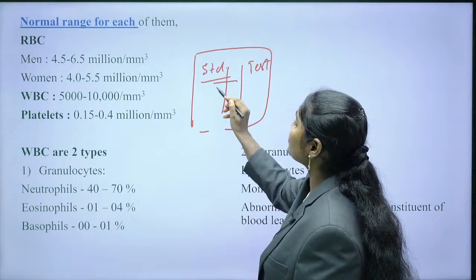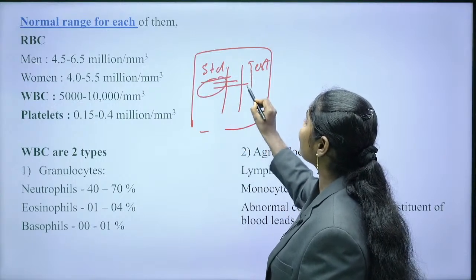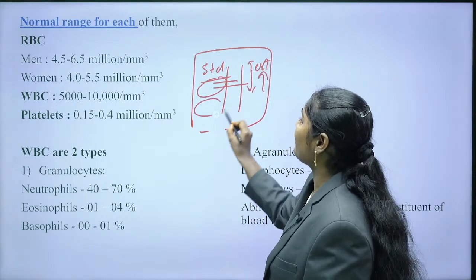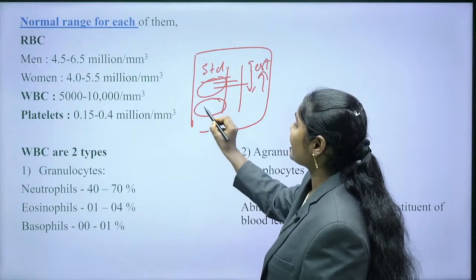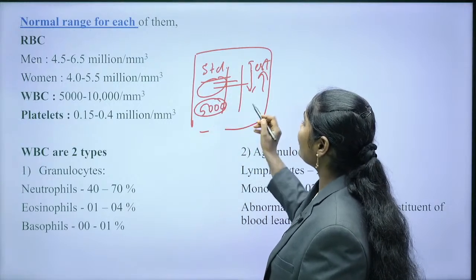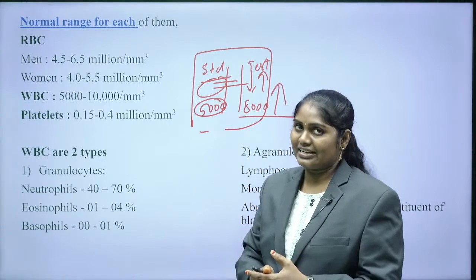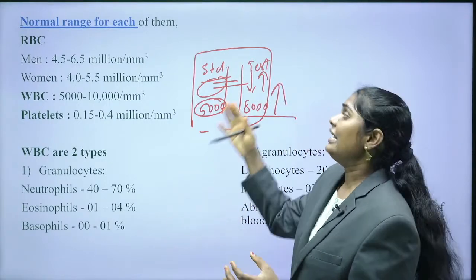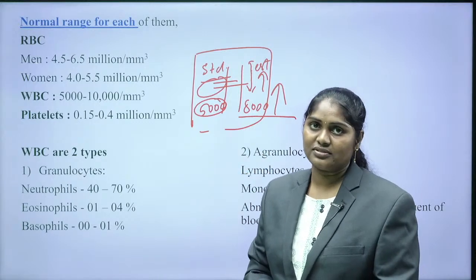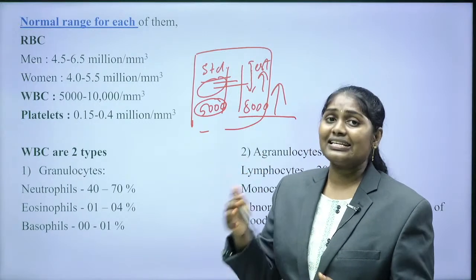They will compare them to see whether it is increased or decreased. Suppose the standard is 5,000, and if it is 8,000, that means the person has an increased number of those cells. So learning standard values is also very, very important as a pharmacist.